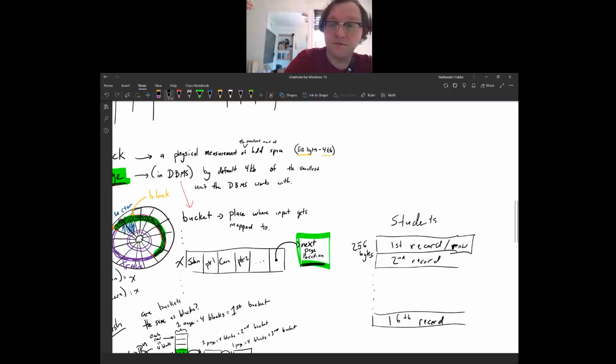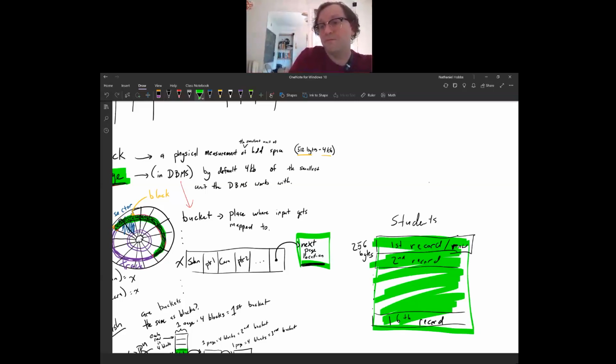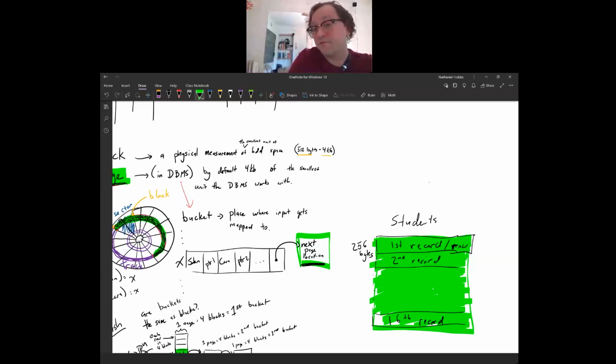All of this could be stored in one page, and that would be the smallest unit that the database would get back. So if it only needs the 4th record, it will get 16 records, just because it returns the entire page.